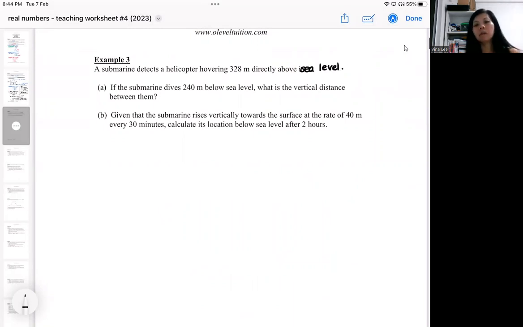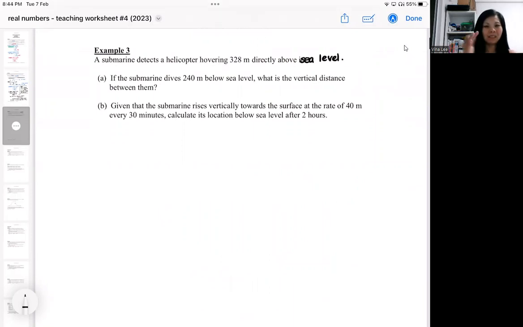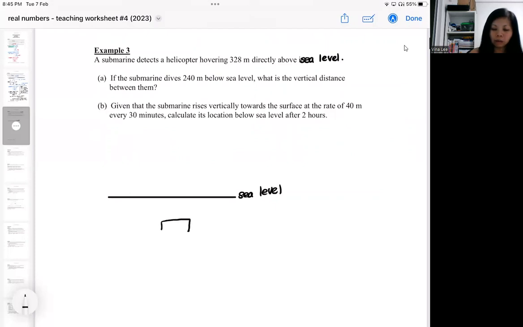Okay, so there is a submarine and then there's a helicopter. So this question a bit tricky because some people didn't know that submarine is actually below sea level. So it's something like I have a sea level, and the submarine is below the sea level. It's like a ship underwater.